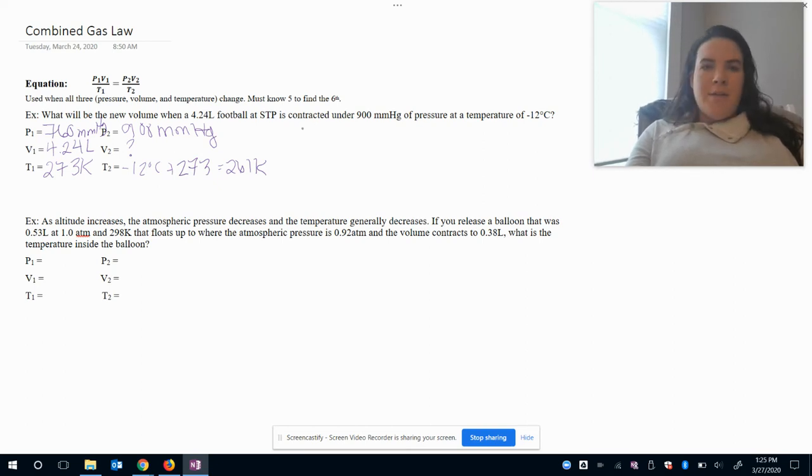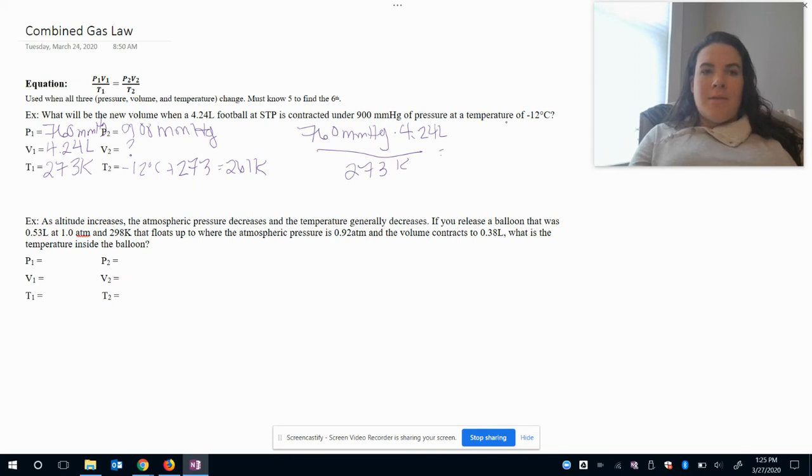So we've got 760 mmHg as P1, times 4.24 liters over 273 Kelvin, equals 900 times V2, that's the one we don't know, over 261 Kelvin.